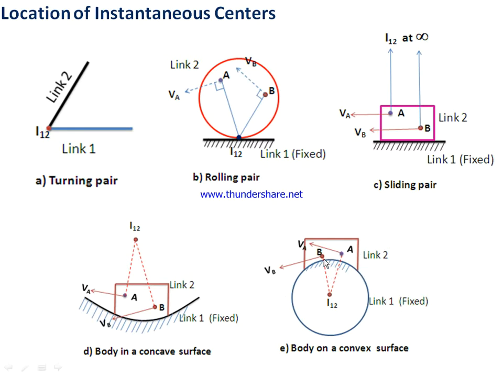In order to locate the instantaneous center of rotation of link 2 with respect to link 1, consider 2 points on this body, A and B. Let these be the directions of velocities of point A and point B. As usual, draw the perpendiculars to these vectors from point A and point B, and these two will intersect at this particular point, maybe sometimes the center only. So that is how, whenever a second body moves over a circular body which is fixed, the instantaneous center of rotation is located.